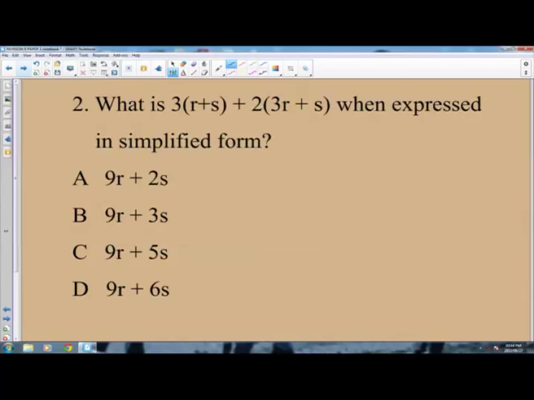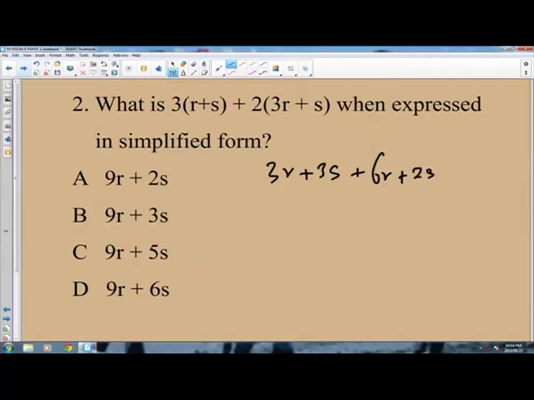Upon multiplying the terms in the first bracket by 3, we have 3r, because 3 times r is 3r, and then 3 times s is plus 3s, plus 2 times 3r is 6r, and then 2 times s is plus 2s. Then collect the like terms.